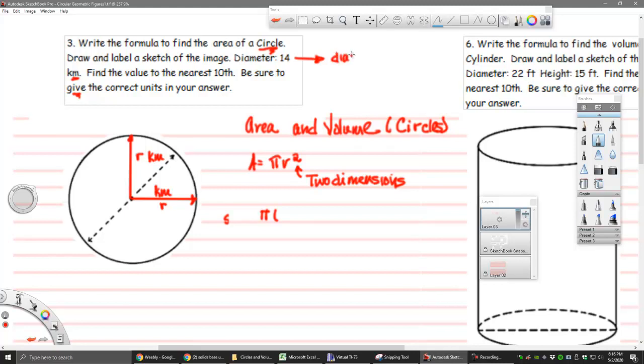To find the radius, sometimes you're given a diameter, sometimes you're not. You're just going to have to read the problem and look at it. And we have to convert that diameter to a radius. In order to do that, we are going to divide it by 2.